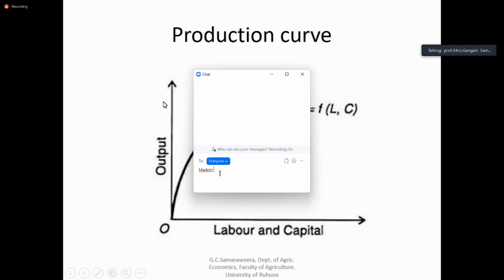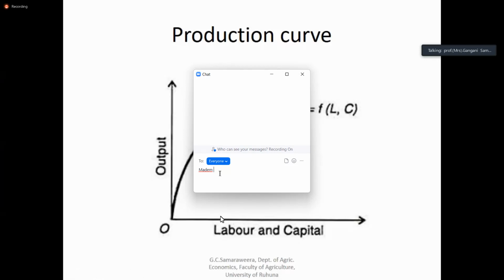First of all, you need to draw two axes. The main thing is to understand what is the y-axis and what is the x-axis. I hope you all know the output-input relationship. Output depends on input.